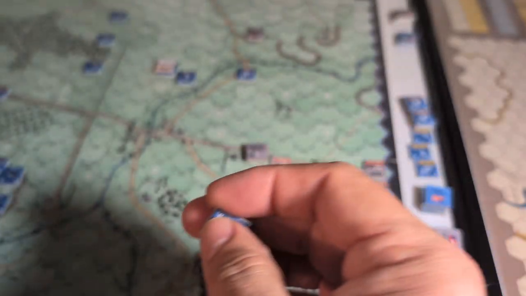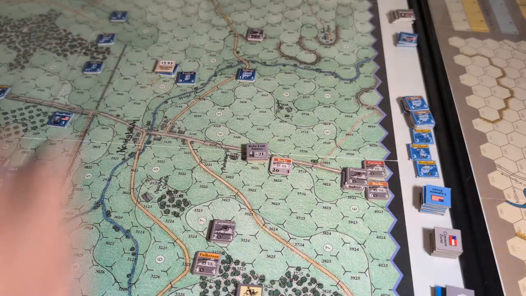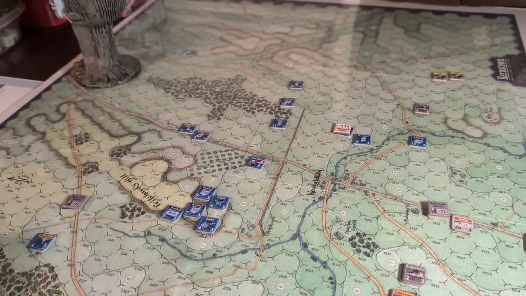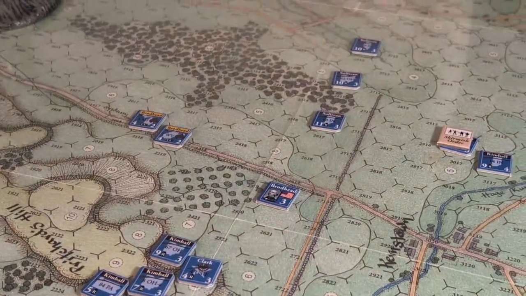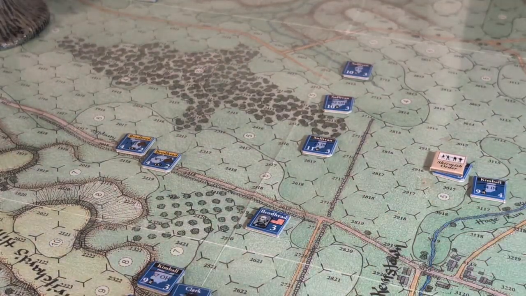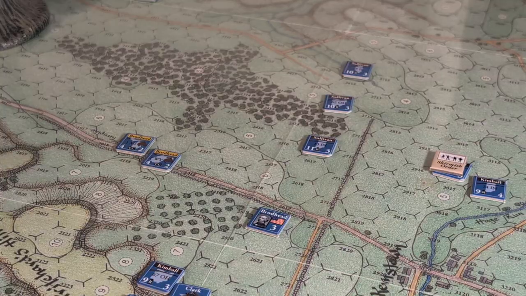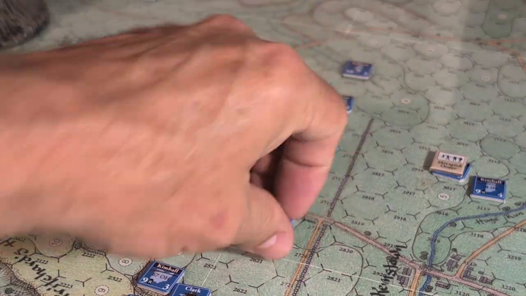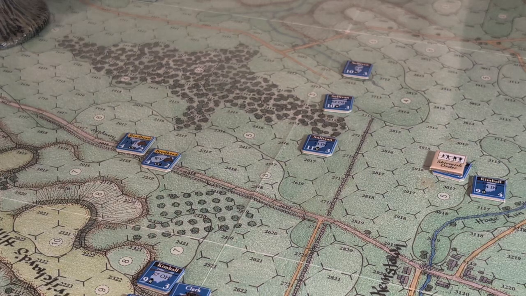Broadhead. Okay. Needs a 3 or less. He got a 5, so he's not close enough to anybody. So can't activate. Can't even do a limited activation.